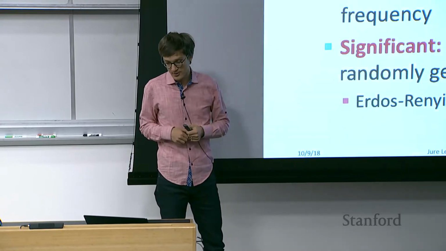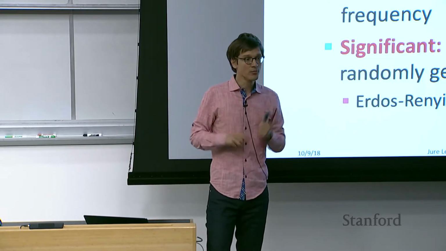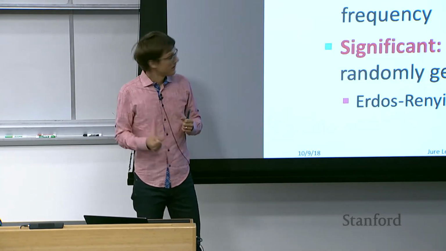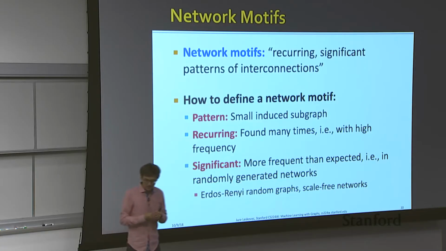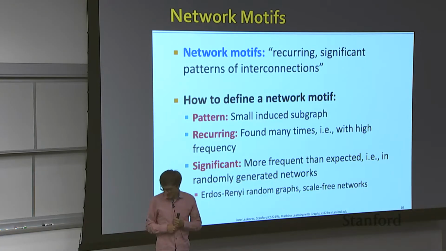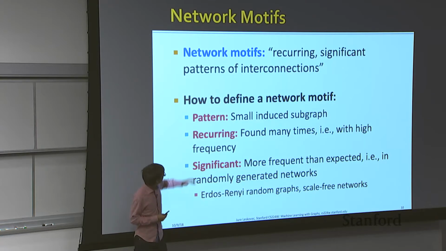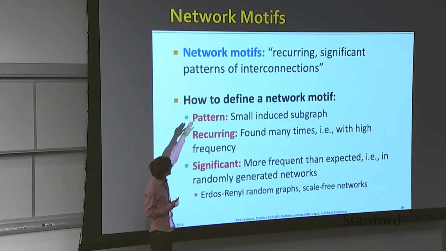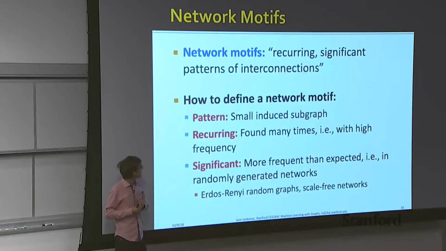So first is about motifs and structural roles in networks. Okay, so a network motif, now this is a definition, is a significant recurring pattern of interconnections in the network. So in order to define a network motif, we need to break down that vague definition above.